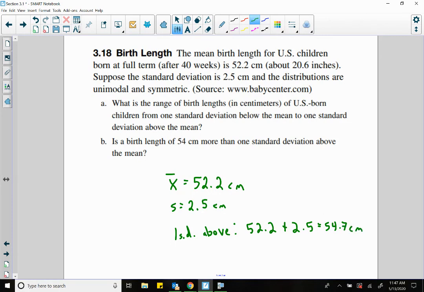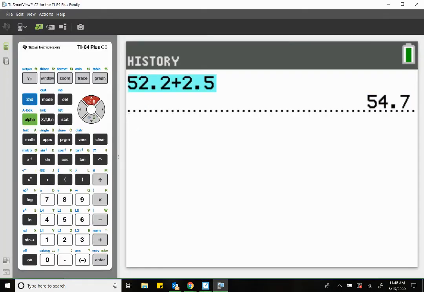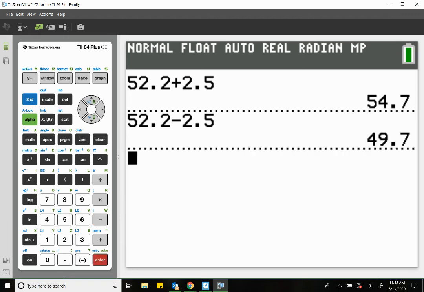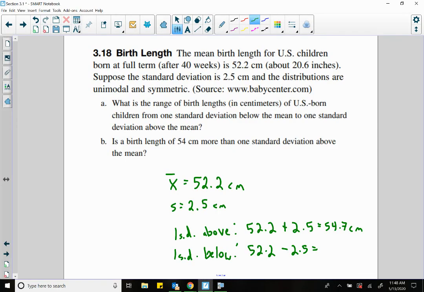So that's the top of 1 standard deviation. If I want 1 standard deviation below, I'll take the 52.2 and subtract 2.5. I'm just going to grab that answer right there and change that to subtraction. So 49.7.